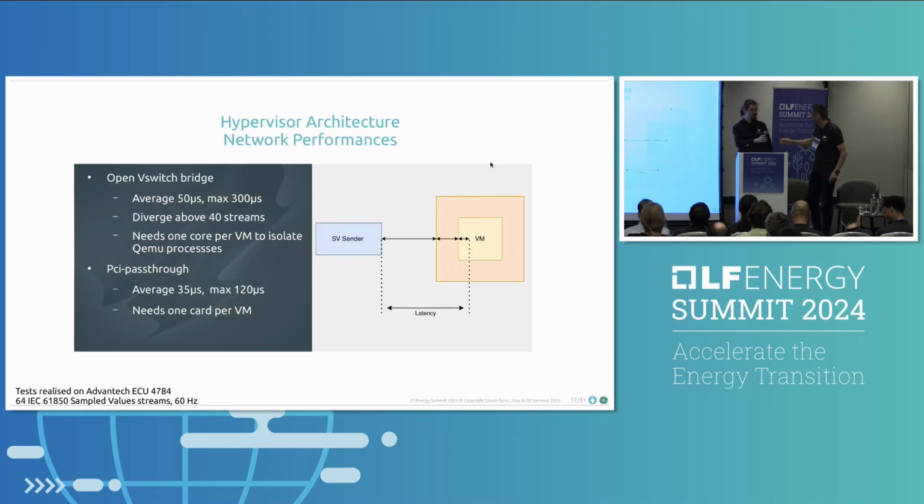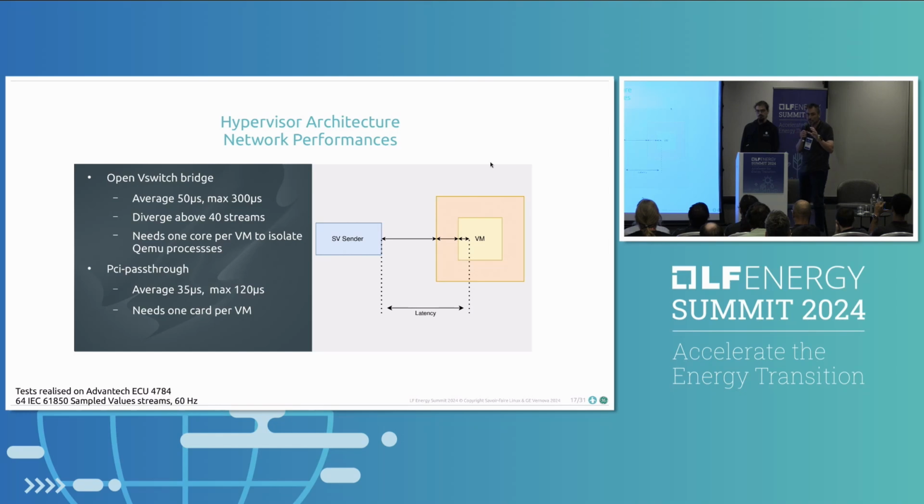Let me add one thing here. This is very important, because I don't know how familiar you are with the protection and control environment. When digitalizing the analog values through a merging unit or something similar, we are collecting the currents and the volts every 250 microseconds.